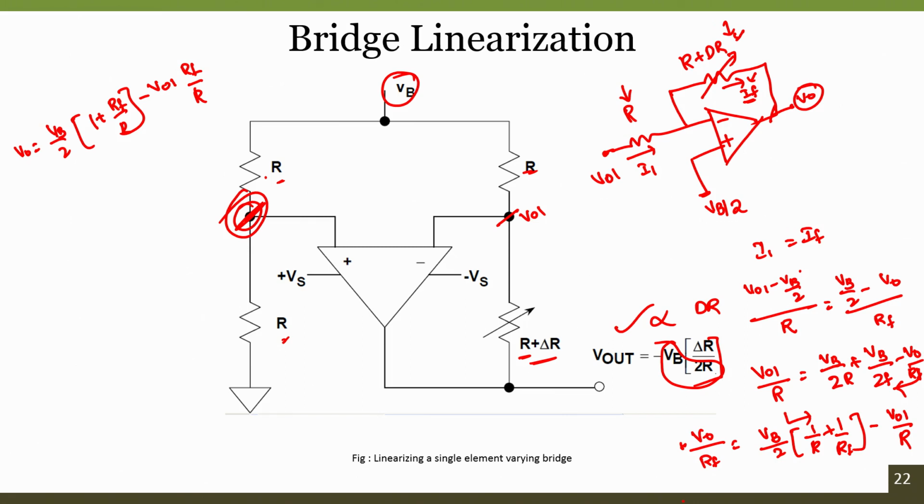Now solving for this, imagine if Rf, so what is VO1? This is not VO1, this is Vb.